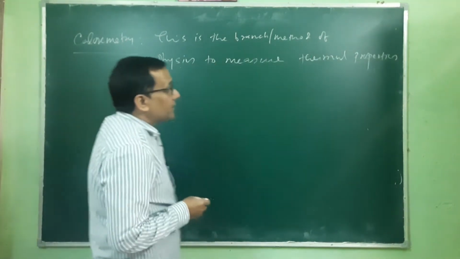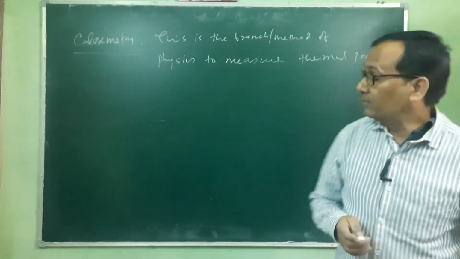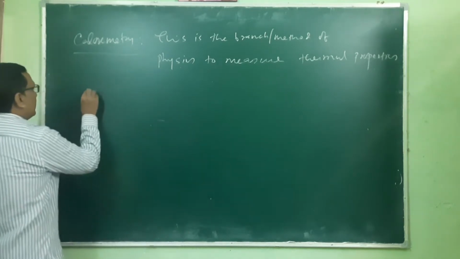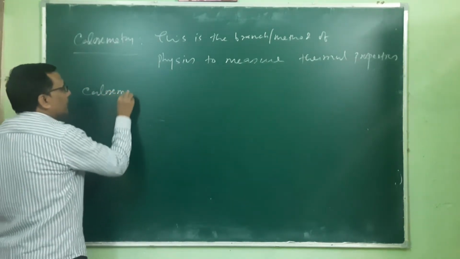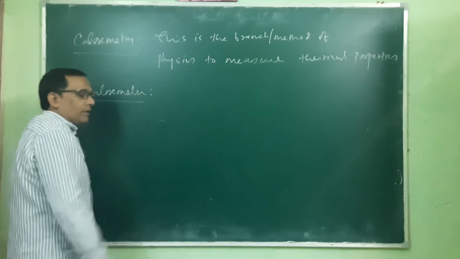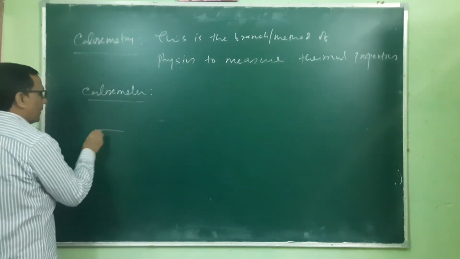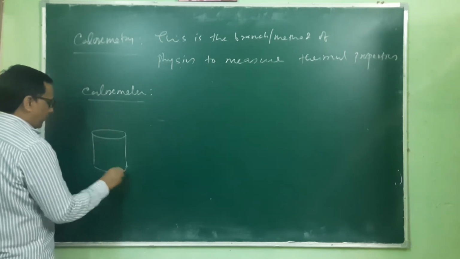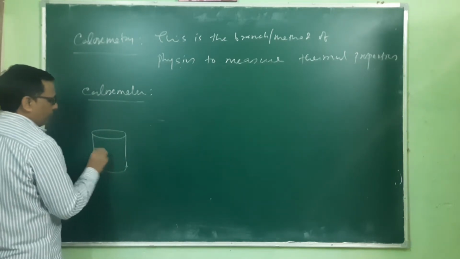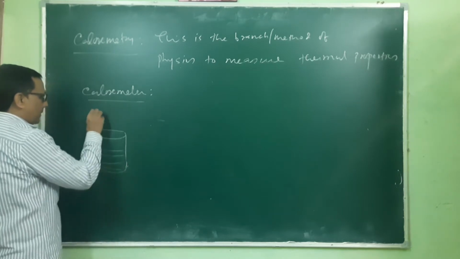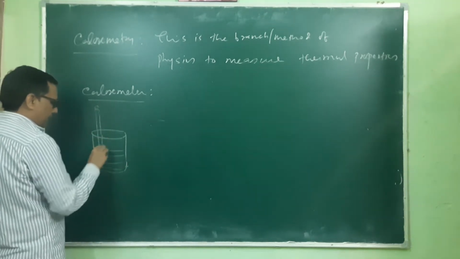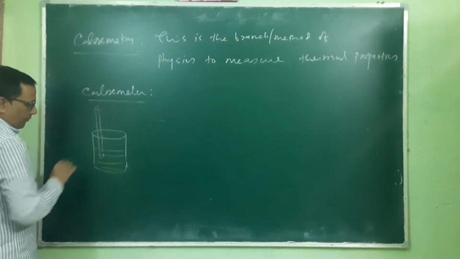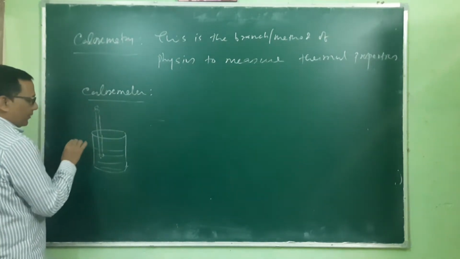In order to measure the specific heat of a solid or material, we have one calorimeter. In the last class, I gave the brief of that calorimeter, in which we have one copper part. This is just the copper part, and material is filled in this copper part with one thermometer. It is kept isolated from the environment.